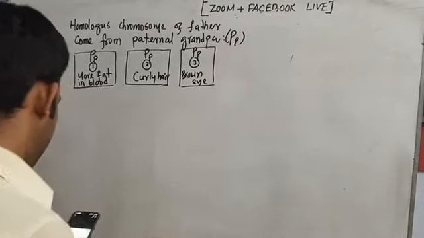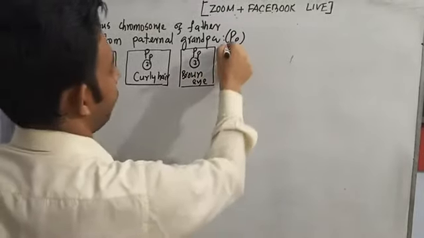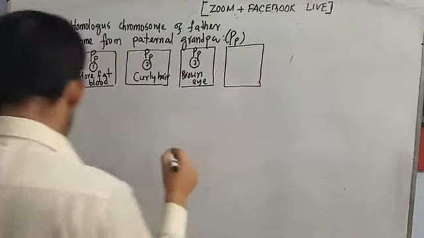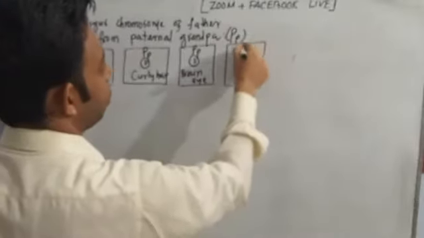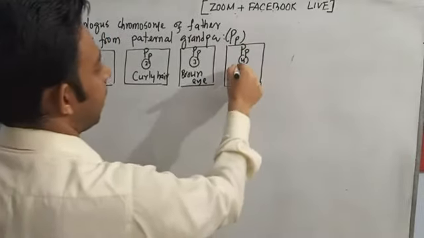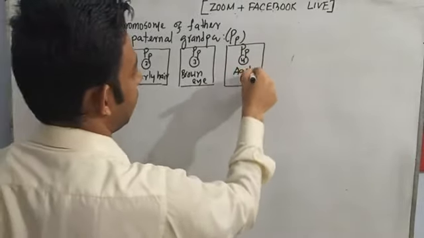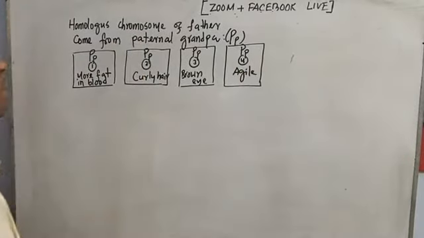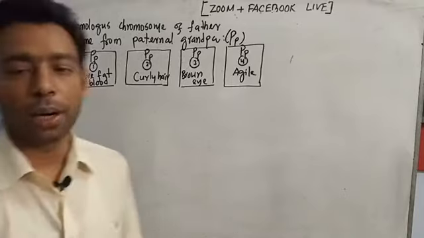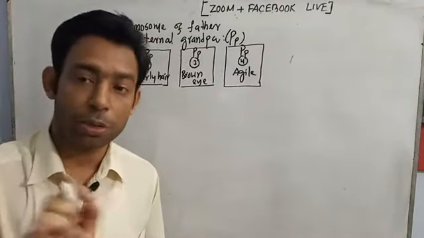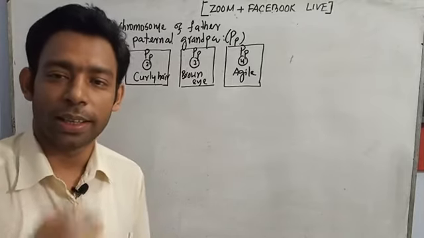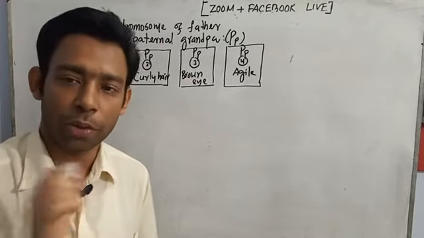The fourth feature is PP4, and this is agile. So homologous chromosome of father come from paternal grandpa. This is also given in the question, but which way, and what is the interesting part of this assignment, I will go through onward.